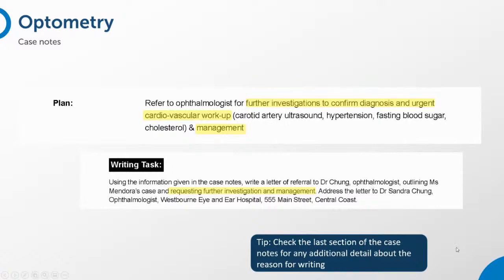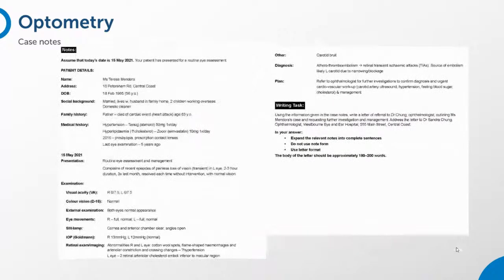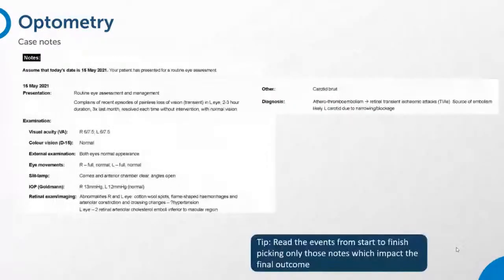So working through the case notes, the majority of the case notes are taken up with the visit on the 15th of May, which I note is the same date as the one I've been given to write the letter.